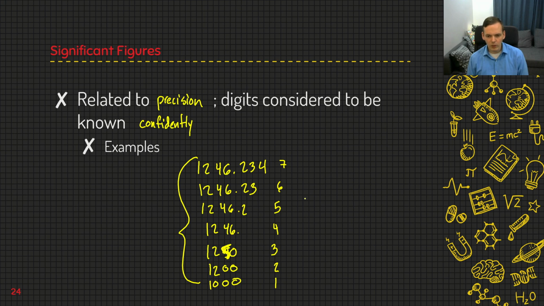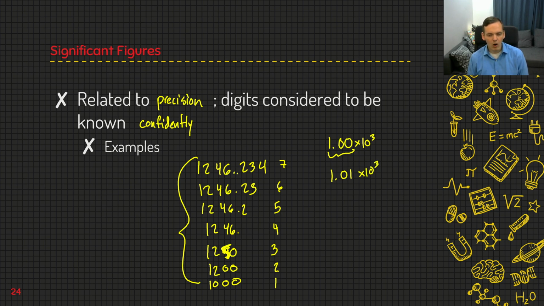It gets a little weird. This is most easily done with scientific notation. So if I write like 1.00 times 10 to the third, this has 3 significant figures because 3 numbers are written down. 1.01 times 10 to the third has 3 significant figures.